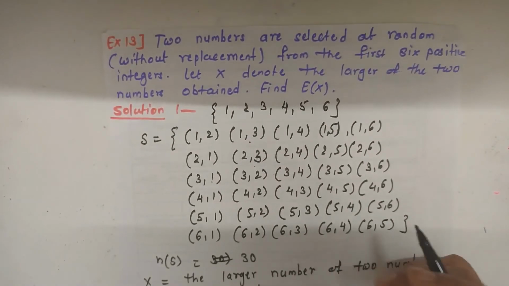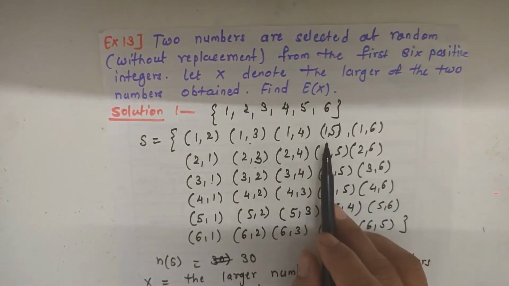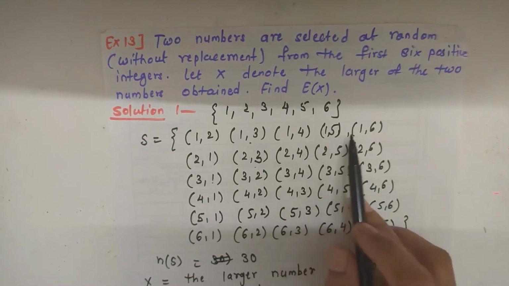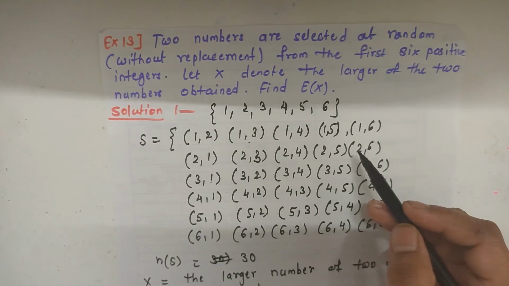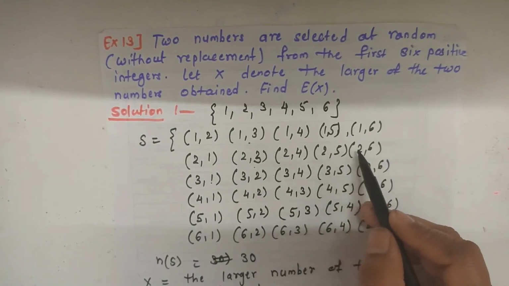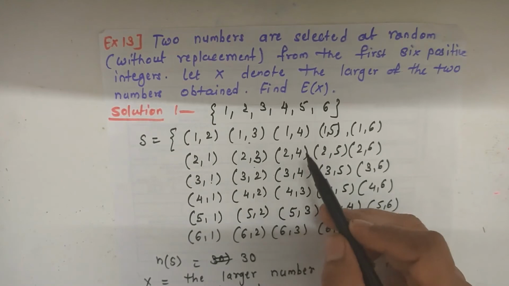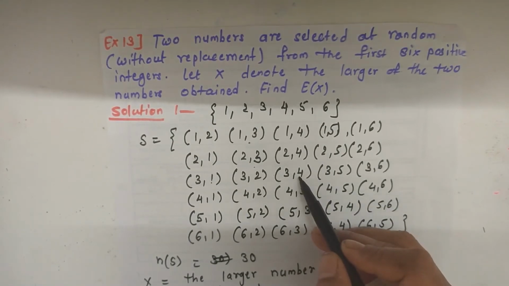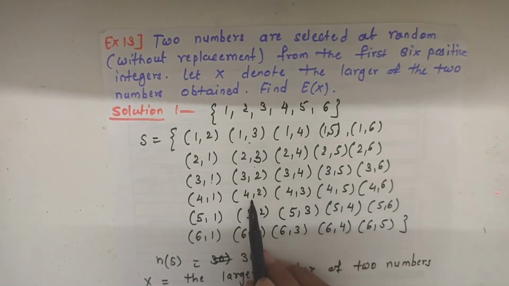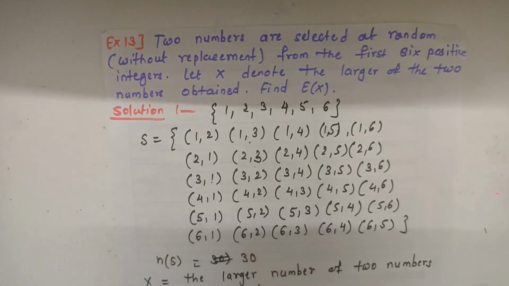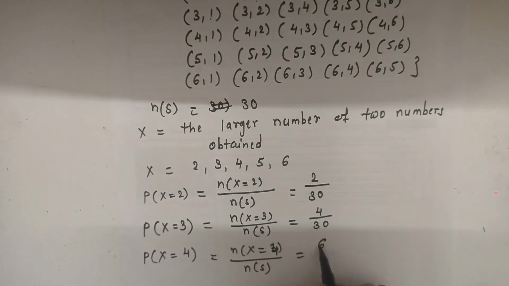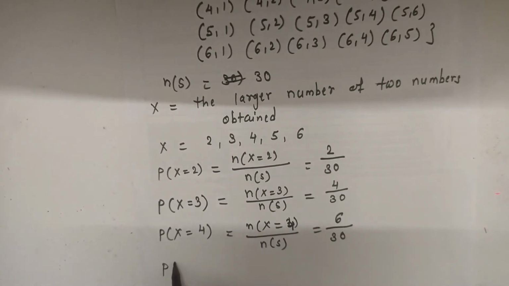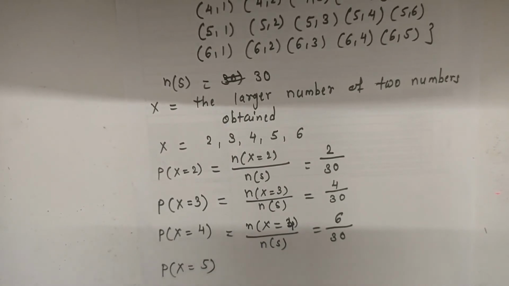So here how many pairs are in this sample space where the number 4 is larger? Only 6 ordered pairs. So we can write the probability of x equal to 4 is 6 upon 30. Now the next possibility is x equal to 5.